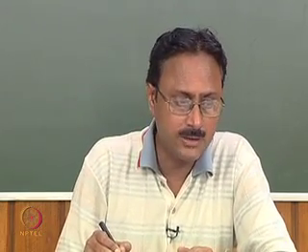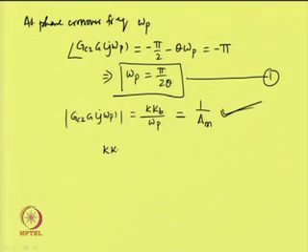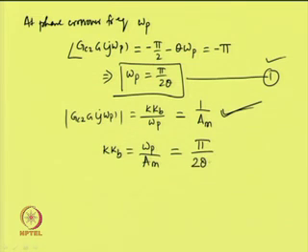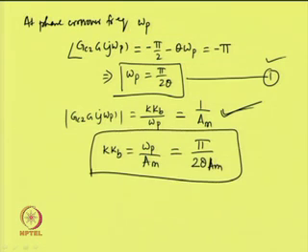So, from here we get K Kb equal to omega p upon Am, but omega p is equal to pi upon 2 theta. Therefore, this can be written as pi upon 2 theta Am. So, thus we have a relation relating the unknown Kb with the gain margin of the loop. Then using this, it is possible to design Kb.